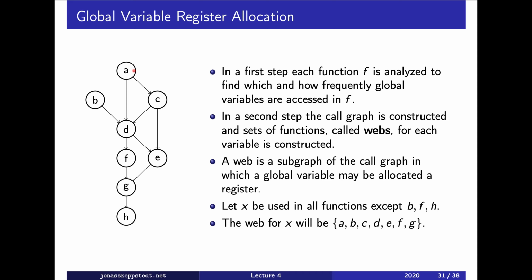We can come to this subset starting with A, and then if we call C, obviously C expects x to be in a certain register. The same if it comes to D. But if the program enters this part of the call graph with B, then B might call D. D expects the variable to be in a particular register.